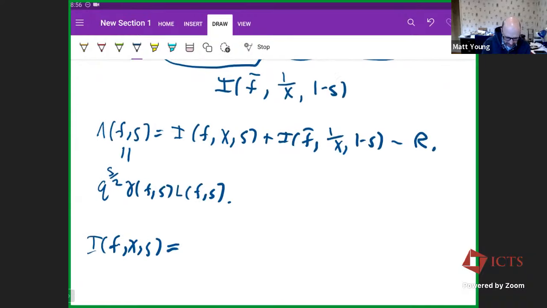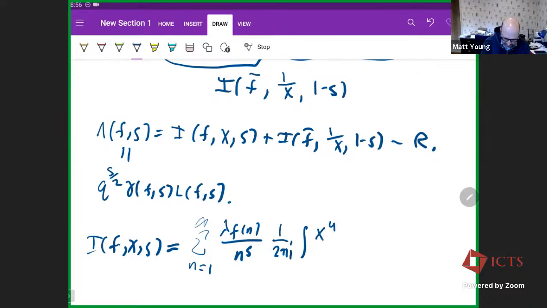So what's going to happen is we get a sum from 1 to infinity of lambda f of n over n to the s, and then an integral: x to the u, 1 over n to the u, we'll have our gamma function, we'll have our q, and then it's at s plus u over 2, and then g of u du over u.